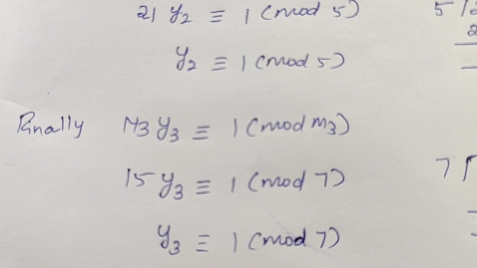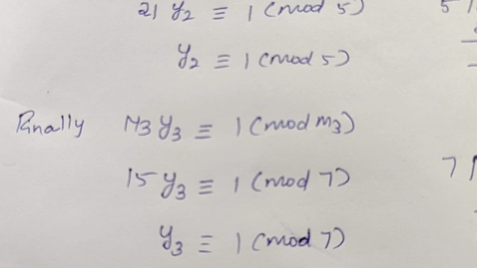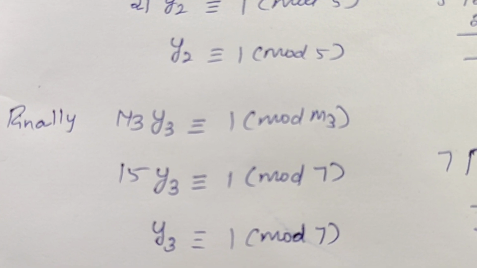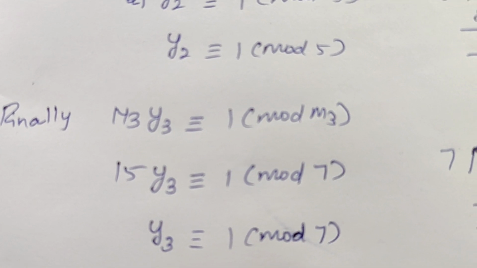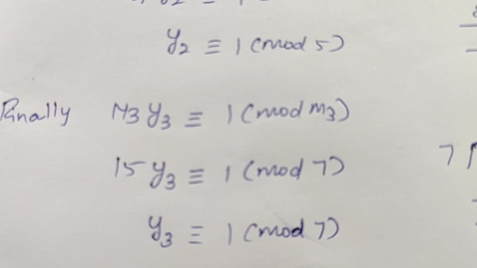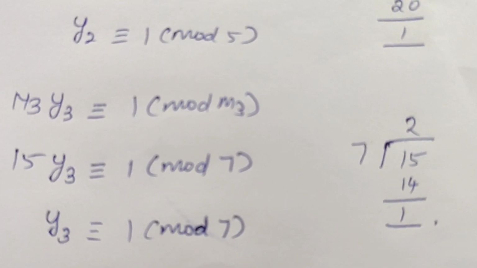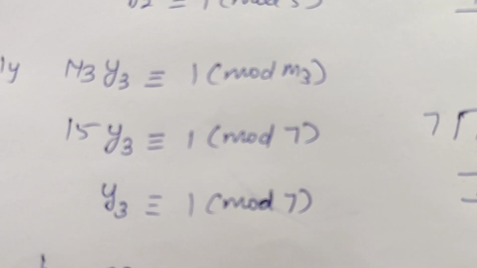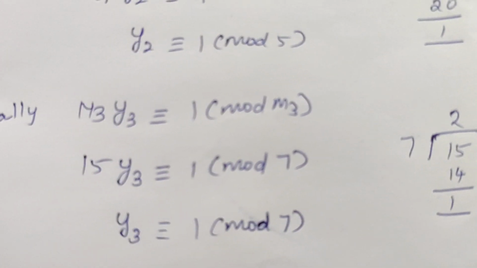Therefore after substituting capital M3 and small m3, I get the equation 15 y3 is congruent to 1 mod 7. In here the coefficient of y3 is greater than the divisor 7. So I use the division algorithm. After simplifying, I get the remainder equal to 1. Therefore y3 is congruent to 1 mod 7.